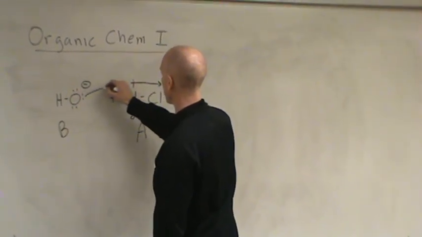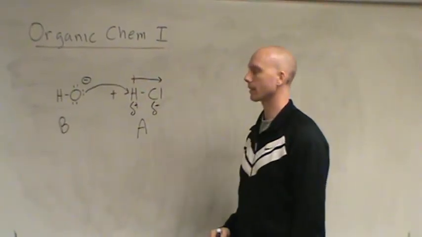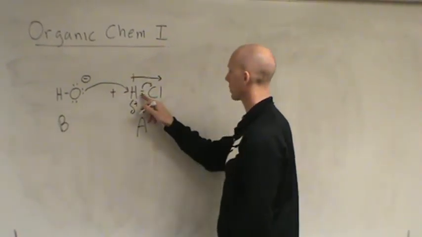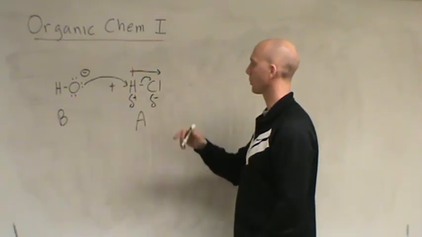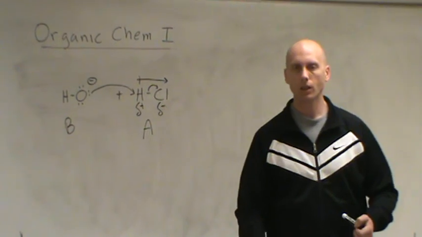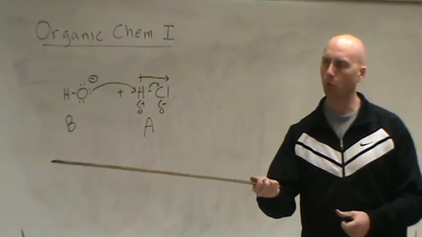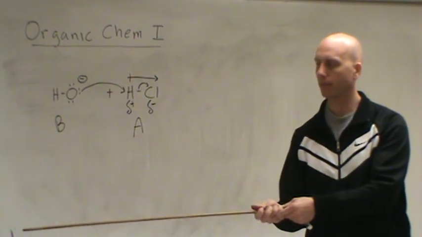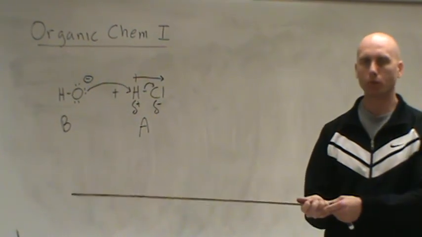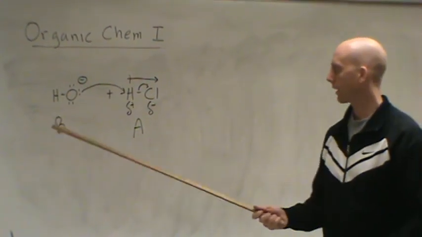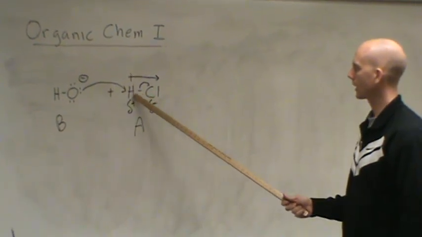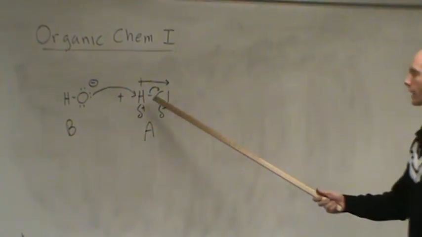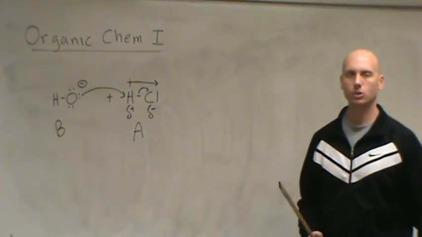Well, I'll choose one of the lone pair to attack the delta plus hydrogen. And note, these electrons are going to leave with the chlorine. Okay? You can imagine that the chlorine is pulling very strongly on this hydrogen. And if it's pulling, then it would like to fully let go if possible. So when the oxygen connects with this hydrogen, then the chlorine can let go because that hydrogen has bonded with something else.